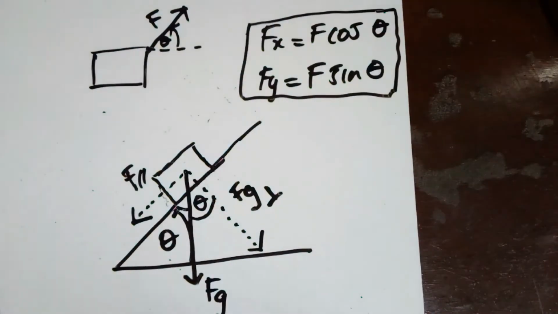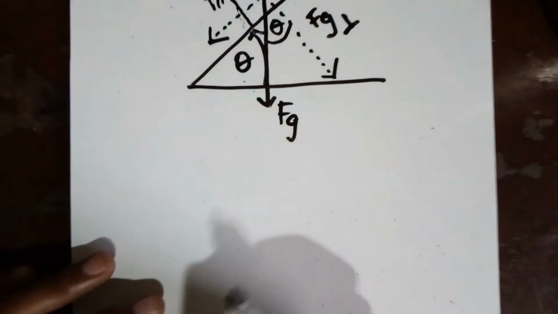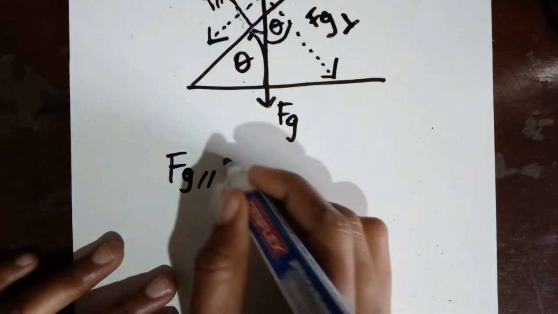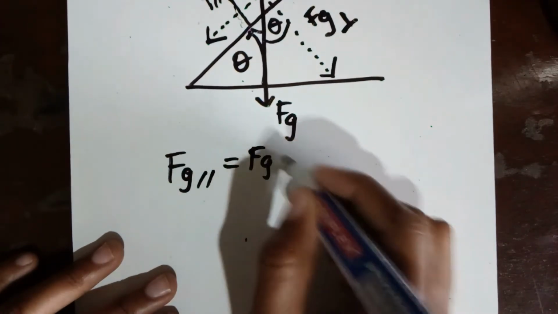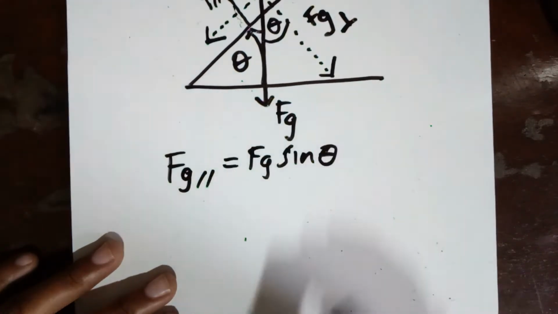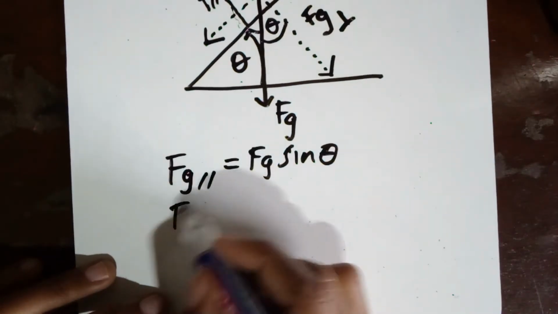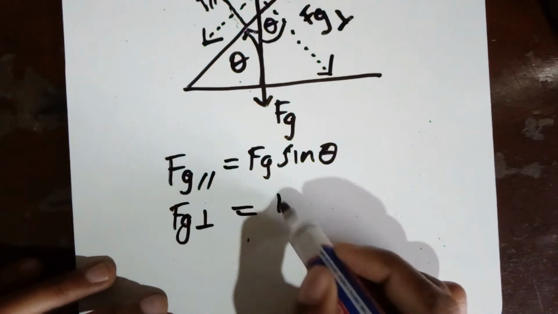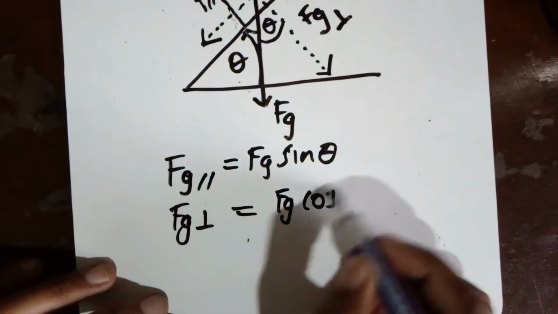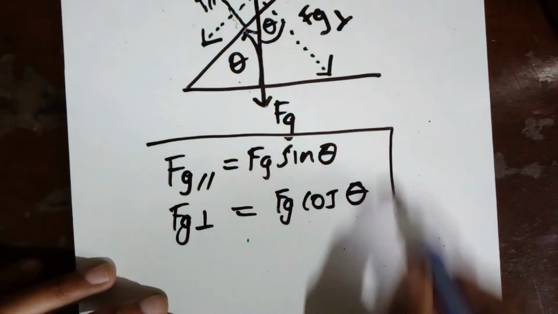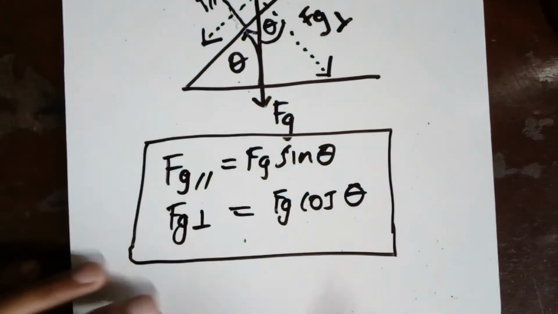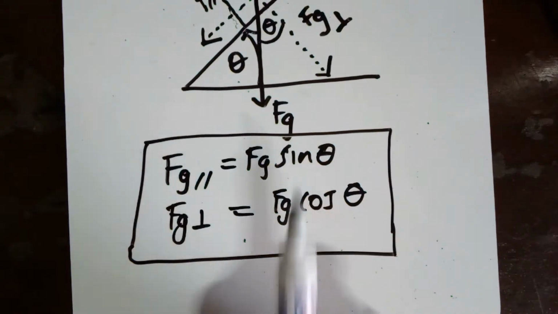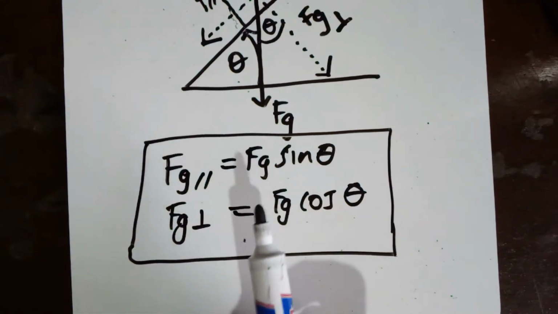An exercise I would give you is to find out how they got that the parallel component of the weight is given by Fg sine of theta, and the perpendicular component is given by Fg cos of theta. These two are very, very important, and we're going to work with them when solving equations, so you will see how we put them into action.